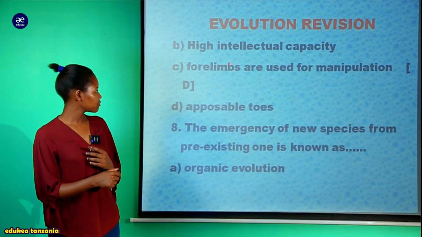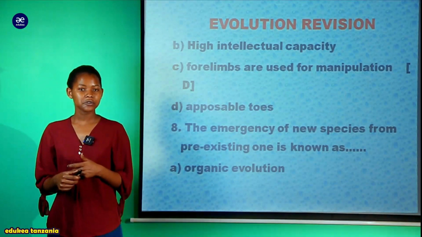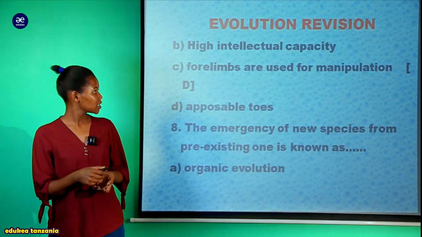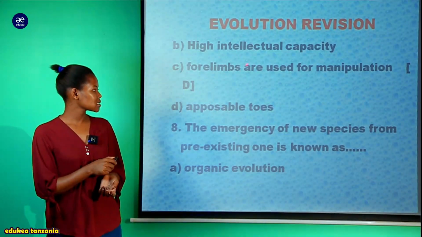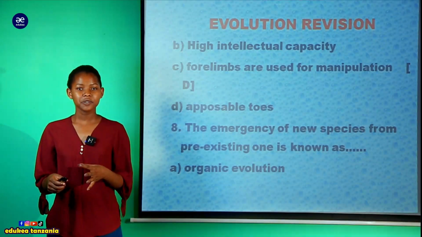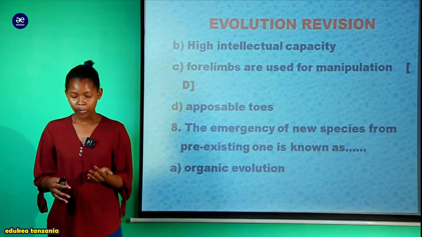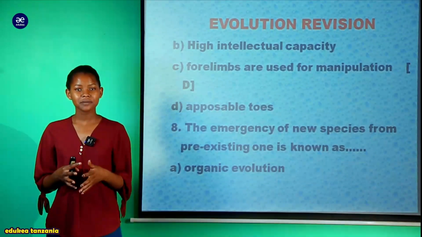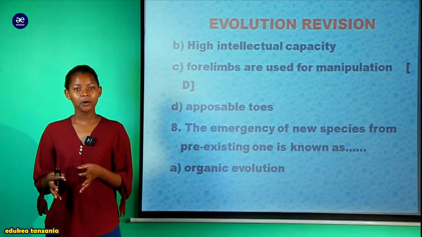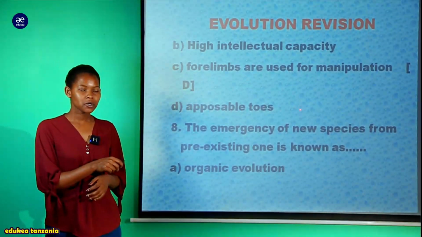And C, you can see 4 limbs are used for manipulation. The 4 limbs of man are used for manipulation. We can see this is also true. 4 limbs means the hands are used for manipulation, or we say they are used for various activities, normal life activities. But D is opposable toes.